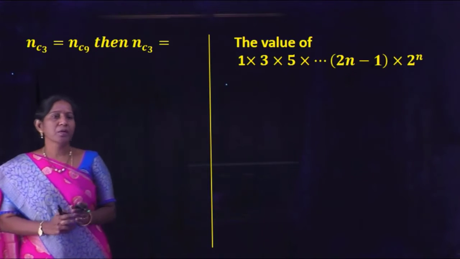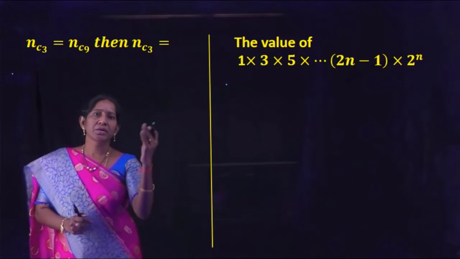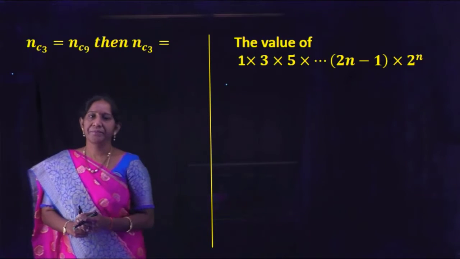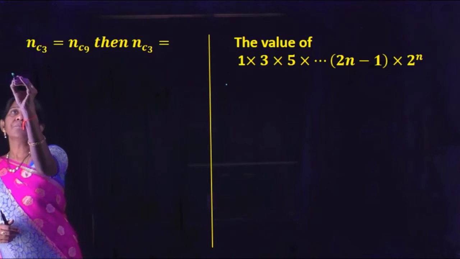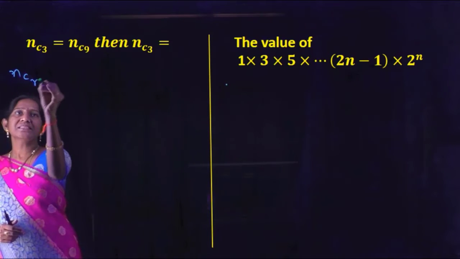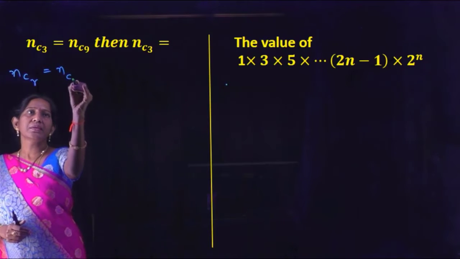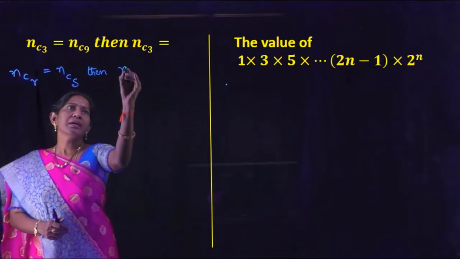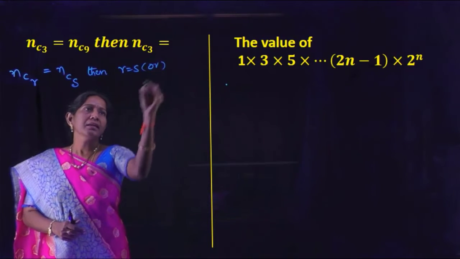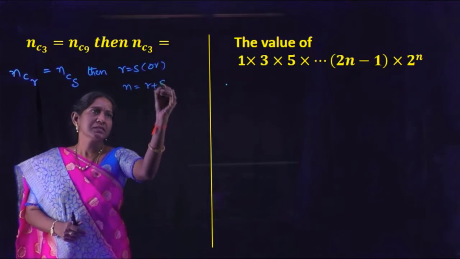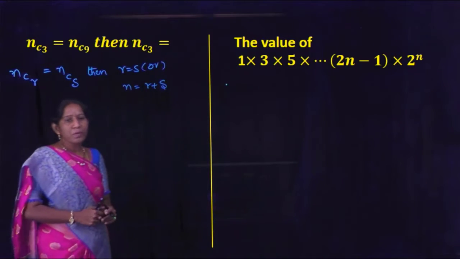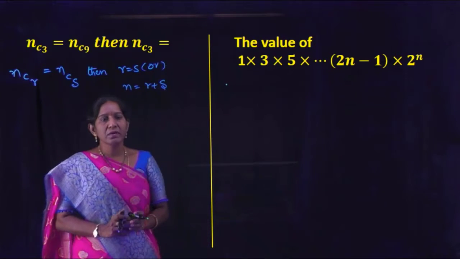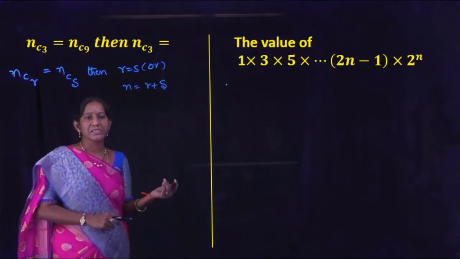See the given problem: nC3 equals nC9, then find the value of nC3. Now, the given problem is of the form nCr equals nCs, then r equals s or n equals r plus s.